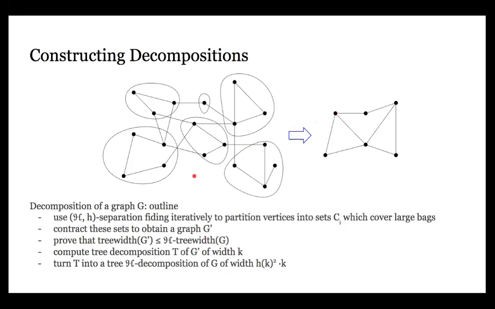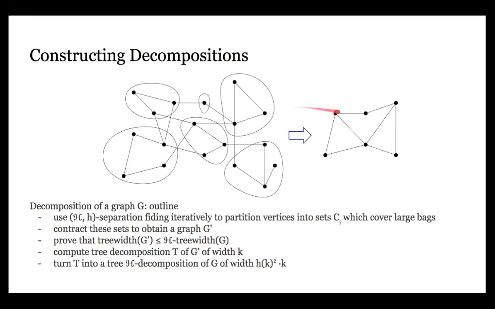First, we execute this separation finding subroutine to partition the vertices of our graph into sets that would cover the large bags. So each large bag in the unknown 3H decomposition would be contained in some set in this partition.